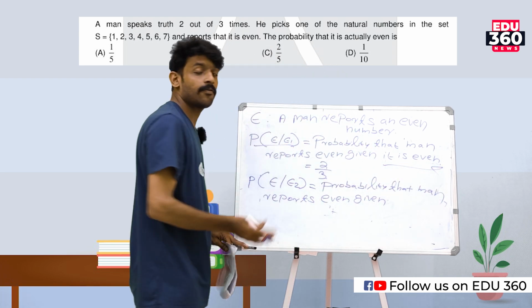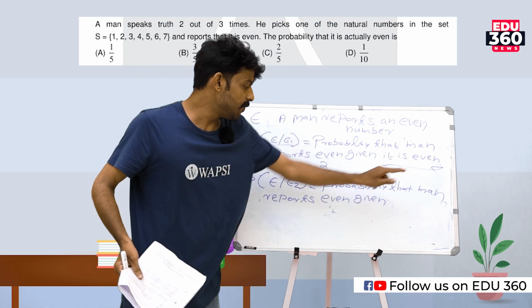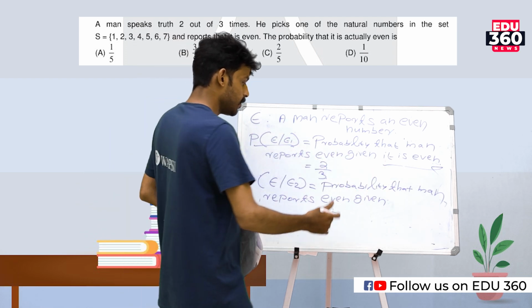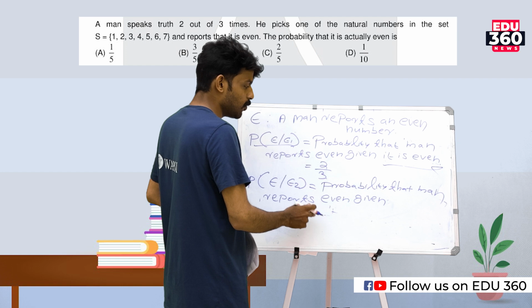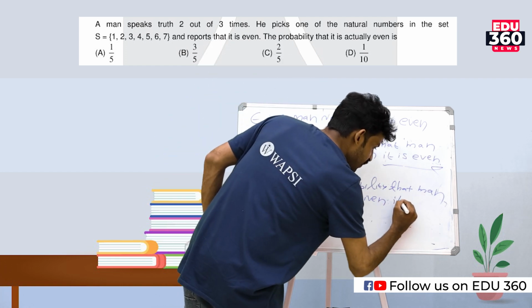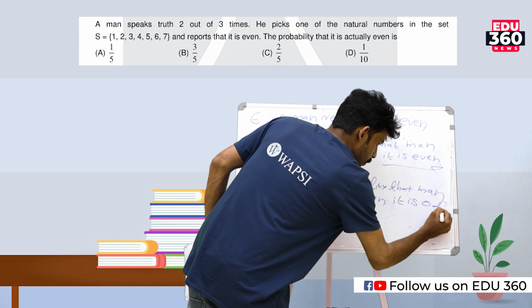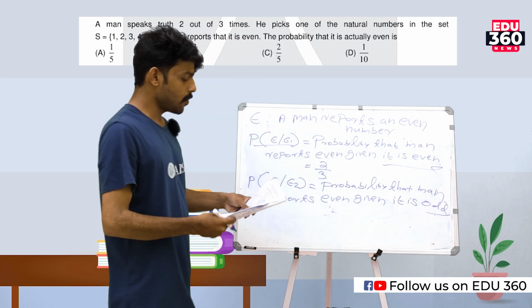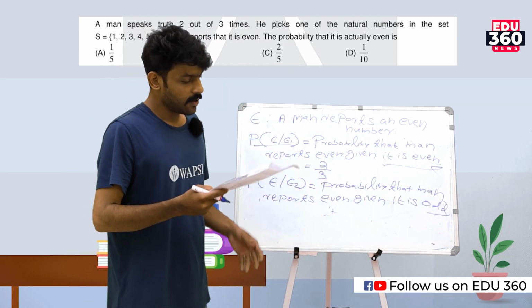So for P of E bar E2, here it will become odd. So P of E bar E2 means the probability that the man reports even given it is odd.